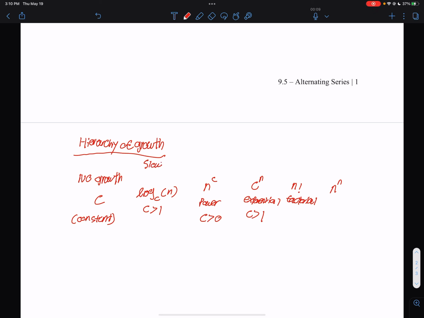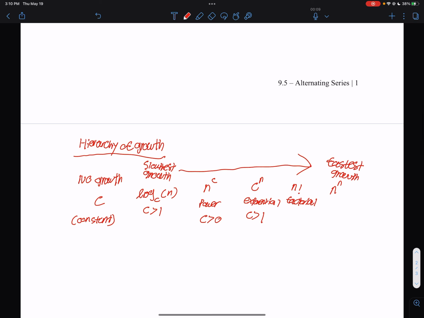The logarithm is the slowest growth, and n to the n is the fastest growth. It goes from slowest to fastest.